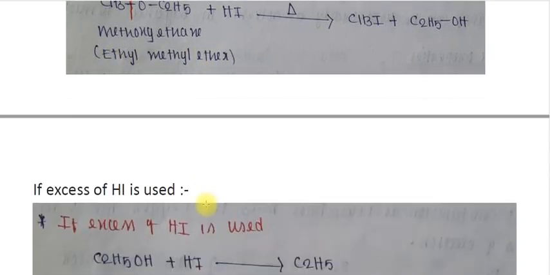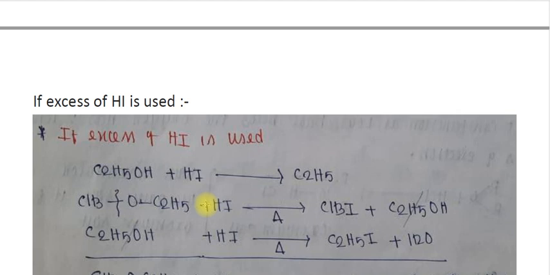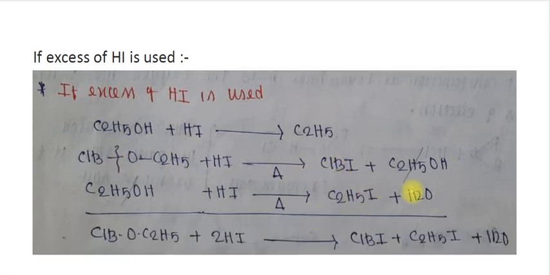What will happen if excess of HI is used in this case? Look at this equation. CH3OC2H5 plus HI gives, with the breaking here, CH3I plus C2H5OH. Again C2H5OH plus HI, in the presence of heating, gives C2H5I plus H2O.